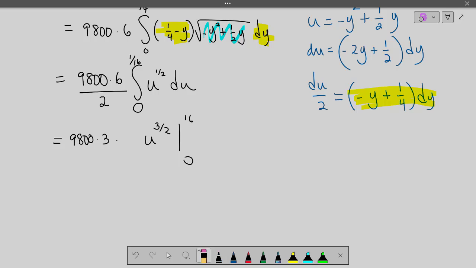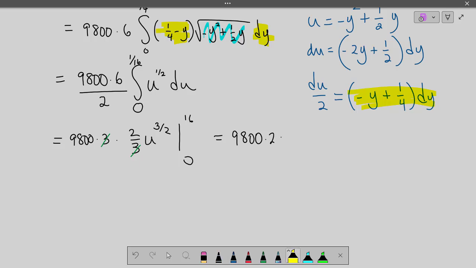Close. Almost made it. So add 1 to the exponent, divide by the new exponent. We have a little more cancellation now too. Those 3's are going to cancel. So we will have 9,800 multiplied by 2.